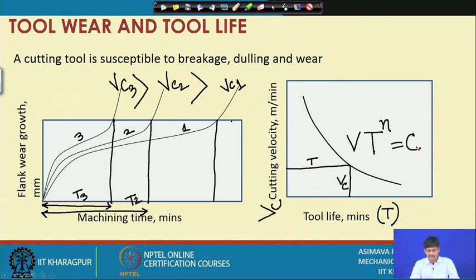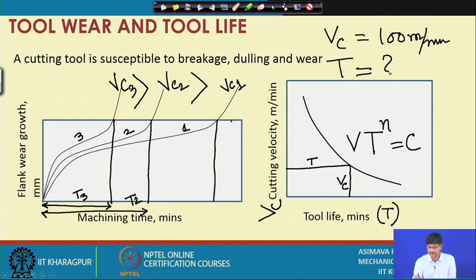For example, if I use a cutting speed of 100 meters per minute, I have to find out the corresponding tool life for it.